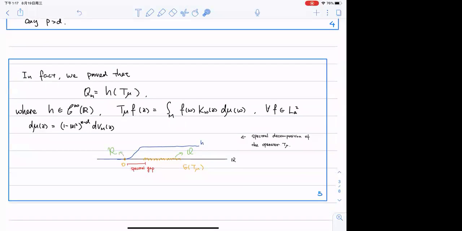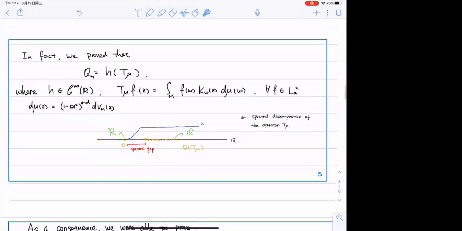Essentially, we proved the following. You define this integral operator, where mu is the weighted volume measure on your variety, and it is a positive operator.